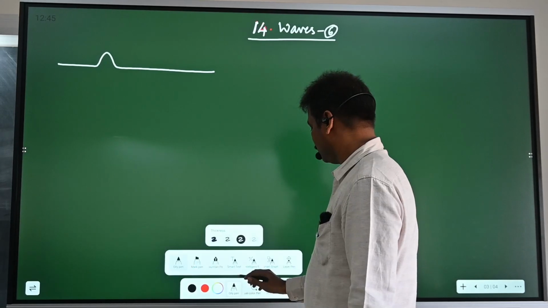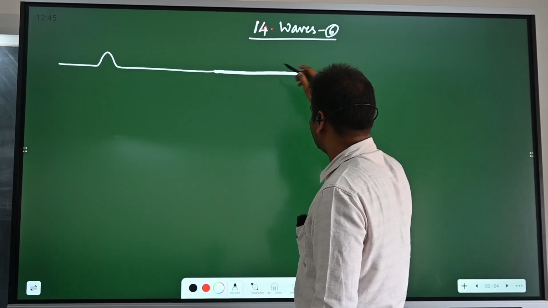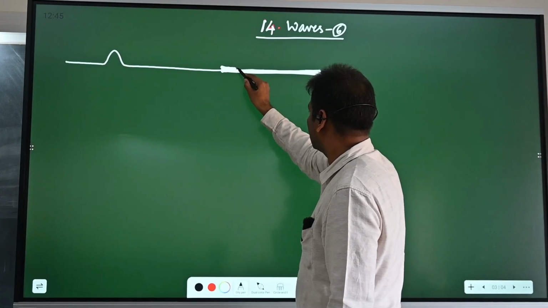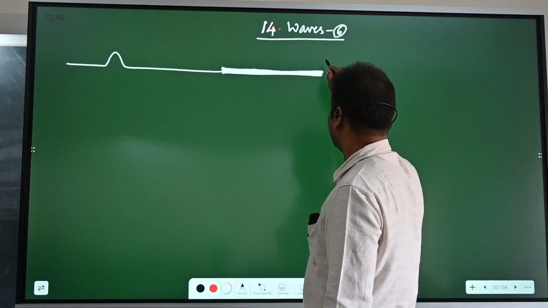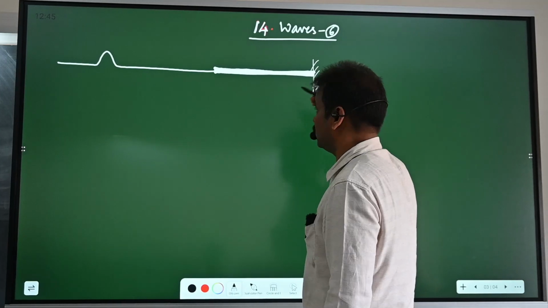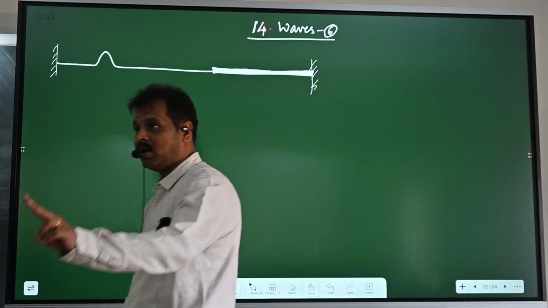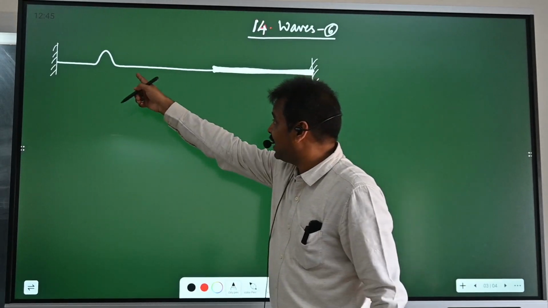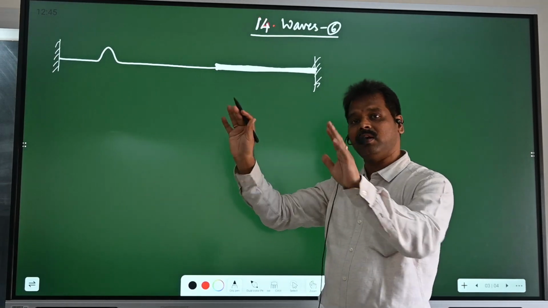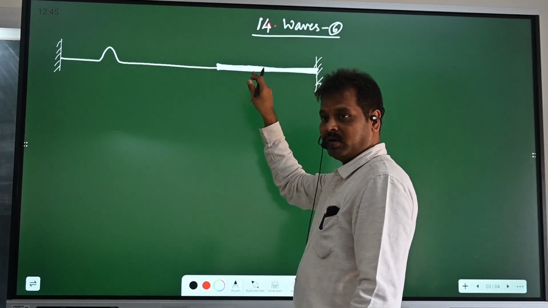Later, friends, here there is another string having more thickness, and this is fixed between two rigid supports. That means I have taken two strings here. One is a lighter string, the second one is a thicker one. Their radii are different, their masses are different. Can I say this is a rarer string, and this a denser string?